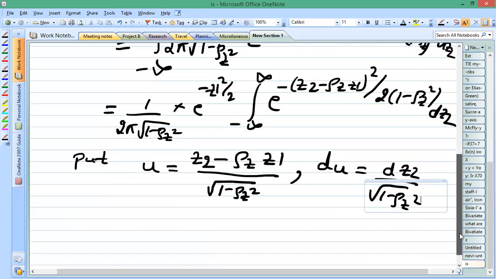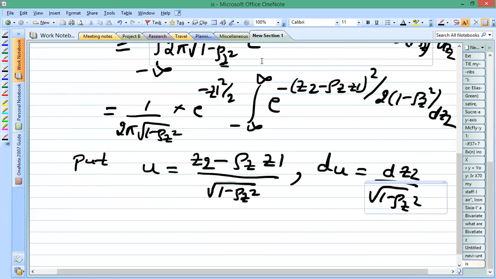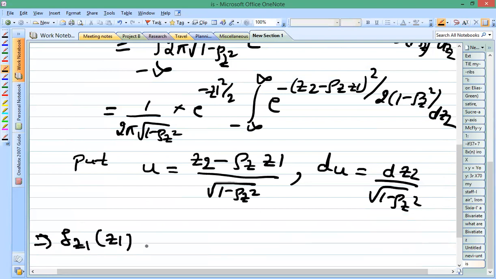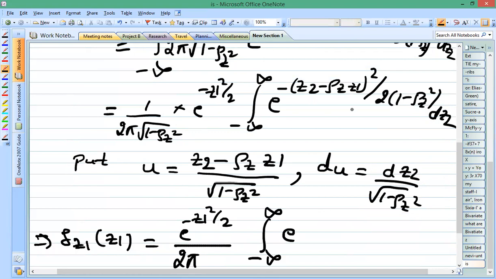So we can make this substitution in the above equation of the marginal PDF. Which implies that the marginal PDF fz1 of z1 becomes e to the power minus z1 square by 2, divided by 2 pi, and integration minus infinity to plus infinity e to the power minus u square by 2. Since we have taken u as this, we have the square and 1 minus rho z square, with the square root.